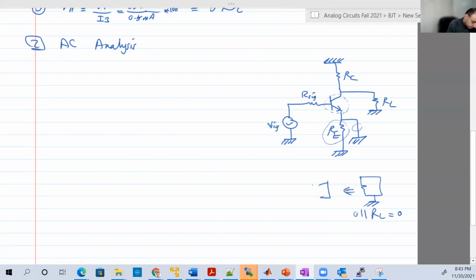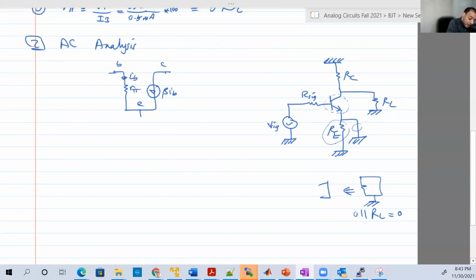Okay. So we're gonna replace the transistor by its equivalent circuit. Beta IB, emitter, base, collector, R pi, and here is IB.